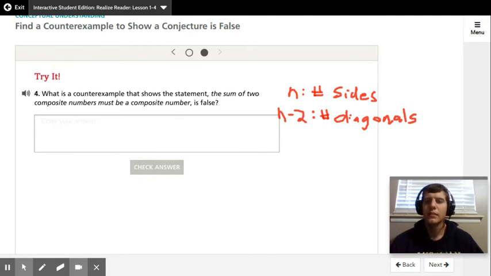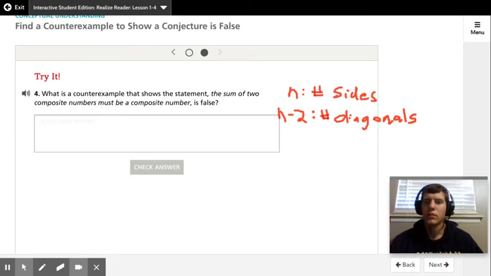So a composite number is kind of like the opposite of a prime number, right? A prime number is a natural number, or a positive integer, that cannot be the product of 2 smaller positive integers, 2 smaller natural numbers.